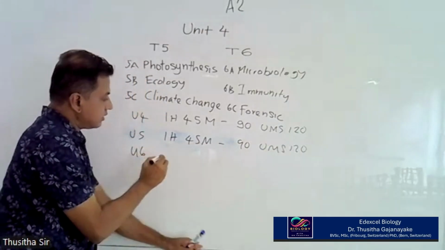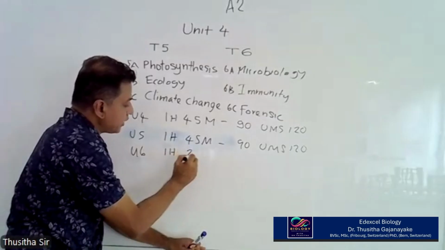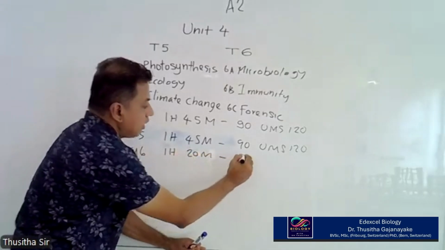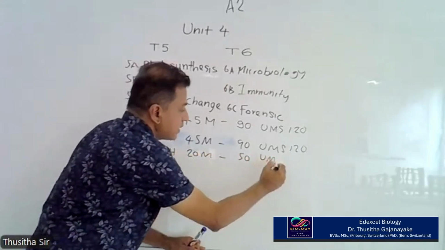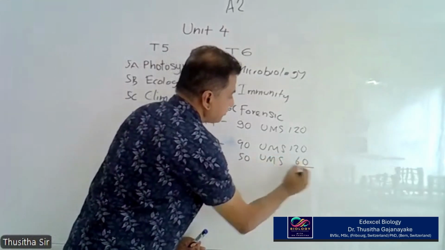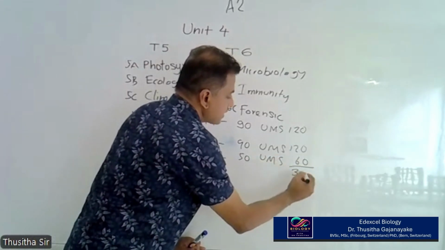Unit 6, 1 hour 20 minutes, 50 marks, UMS 60. So the total mark is 300.